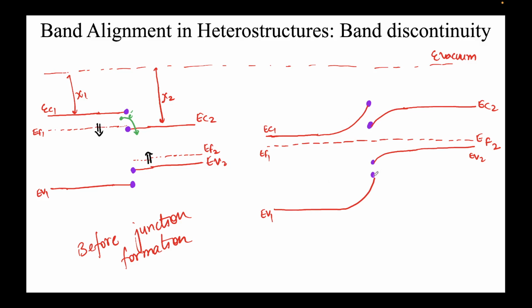So this is how the new band diagram will look, and this is the discontinuity which we had seen. This is your delta EC, the discontinuity in the conduction band. This is our delta EV, the jump in EC and the jump in EV. And this is essentially the total band discontinuity that we write over here.